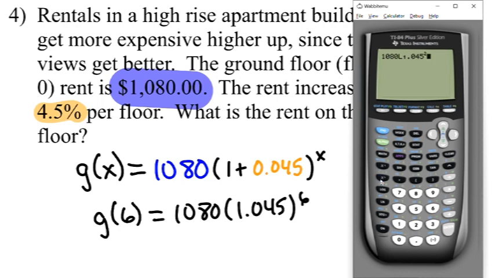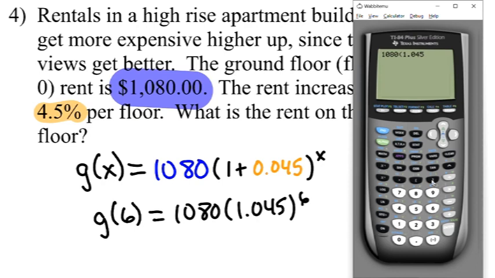Whoa, I just messed that one up. Let's try that again. 1080 times, oh, I think that I see what I'm doing. Sorry about that. 1080, and I'll go down 1.045.